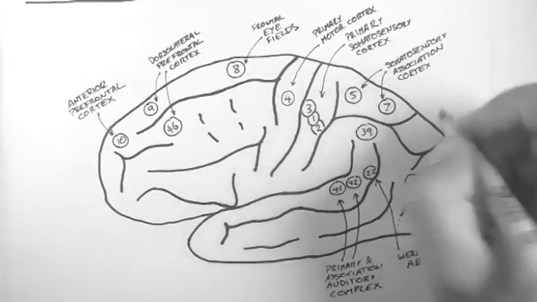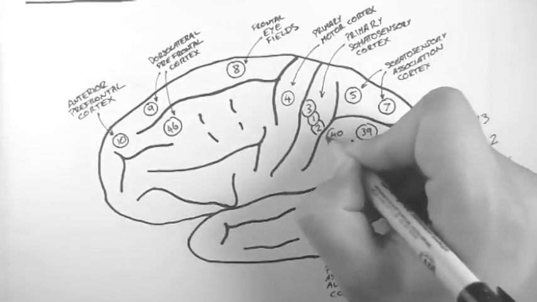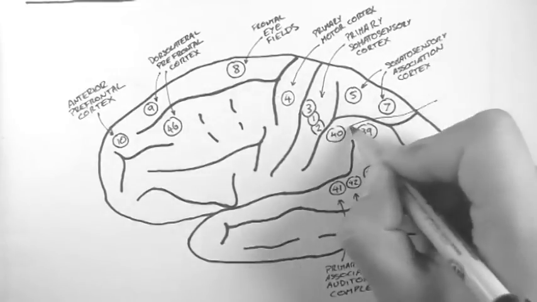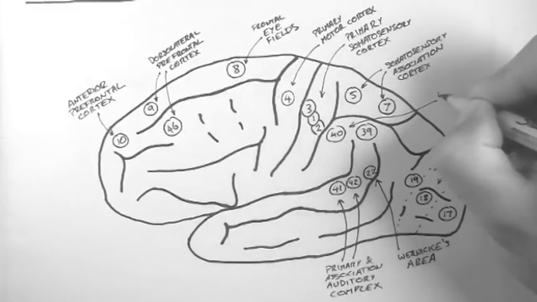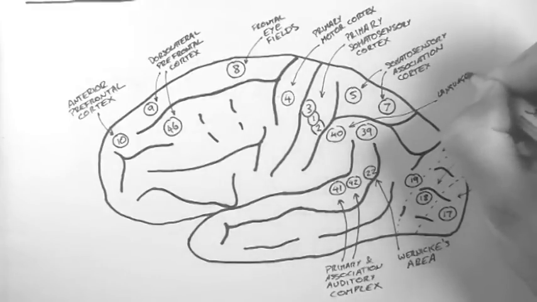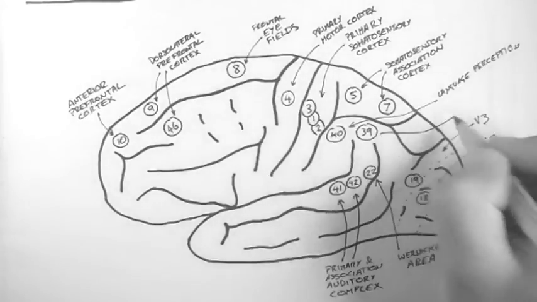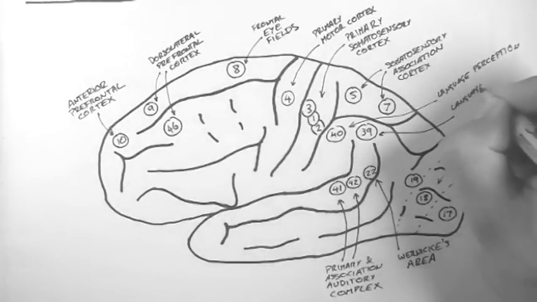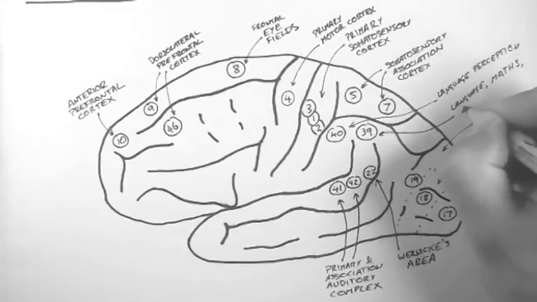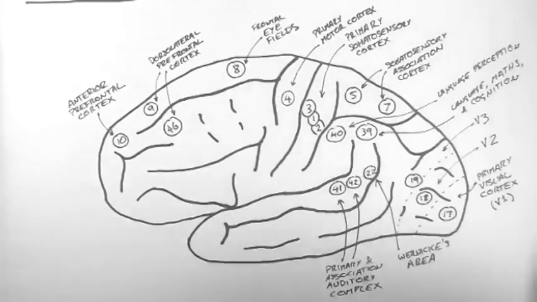Now up here we have 40 and 39. 40 is important in language perception, and that's part of the supramarginal gyrus. 39 is important for language, maths, and cognition, and that's part of the angular gyrus.